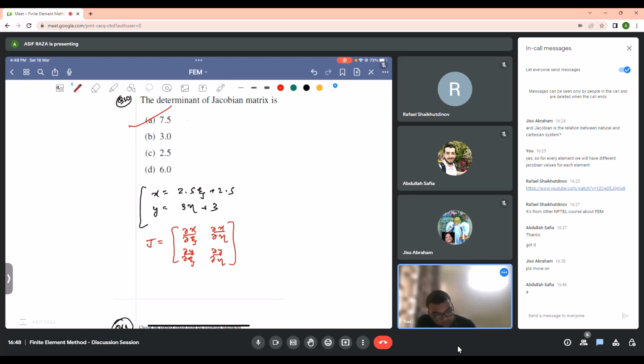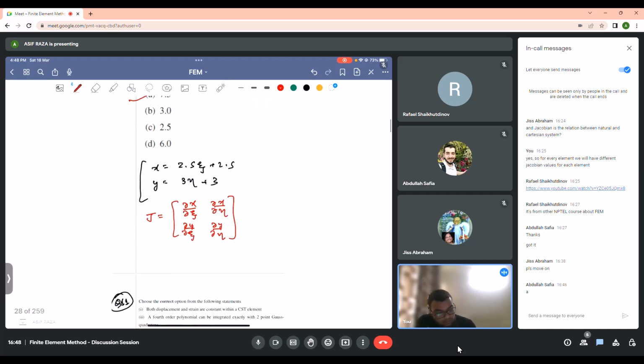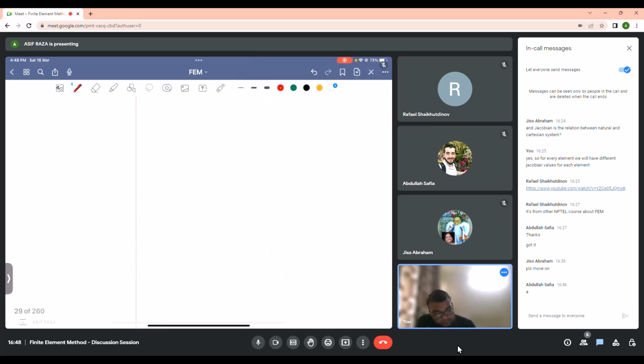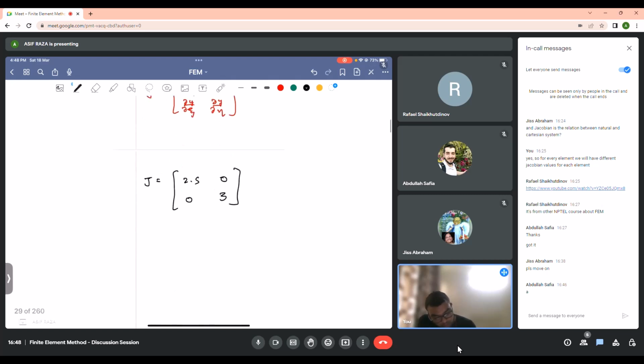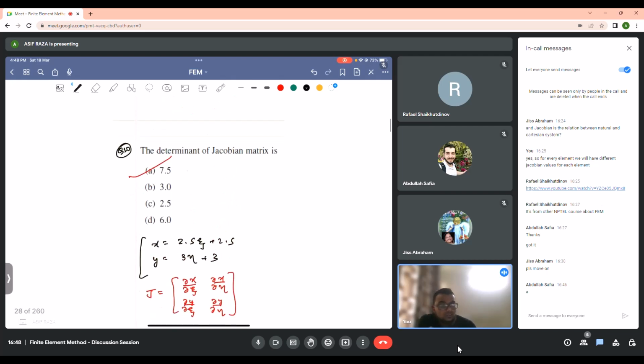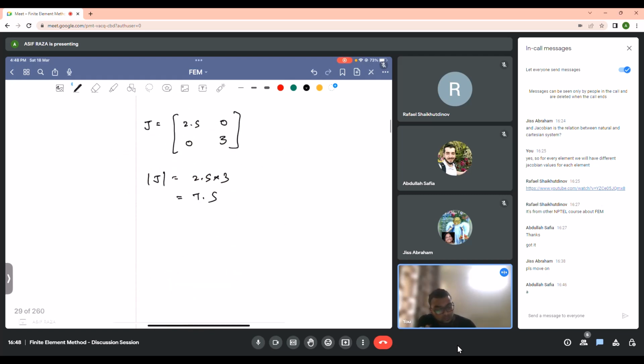So the Jacobian will be 2.5, 0, 0, and 3. The determinant of this Jacobian matrix will be 2.5 times 3, that will give me 7.5, which is my answer.